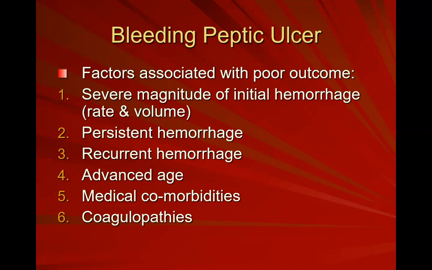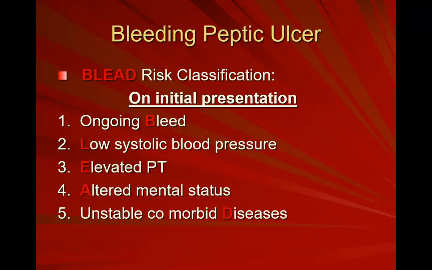So, what are the factors associated with poor outcomes in peptic ulcer disease? We have the severity of the presentation, so the rate and volume of the hemorrhage, persistent bleeding, recurrent bleeding, as we said, and advanced age, with medical comorbidities like acute renal failure or chronic heart disease.